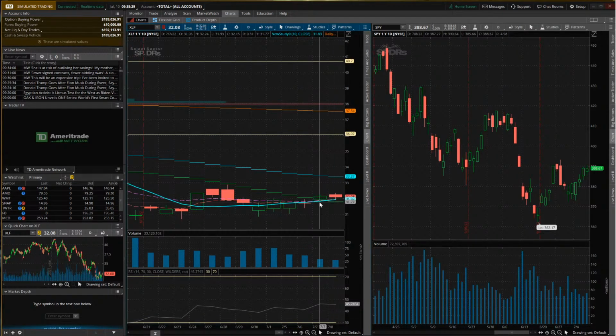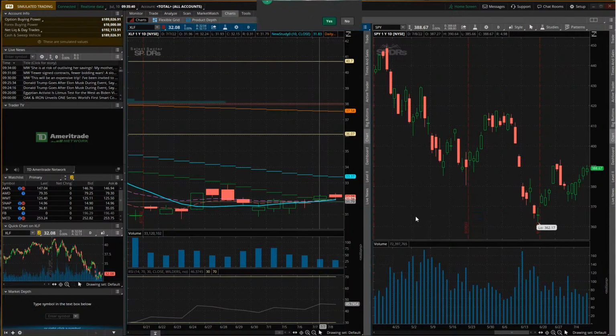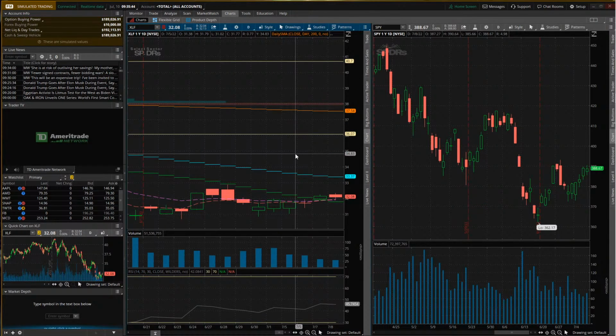So we can see that the 10 simple, we'll get that one off of there. I don't need that guy. Yeah, get him out of here. So we can see that the 5 and the 10 exponential moving averages are just crossing over, and they're kind of intertwining and moving around.